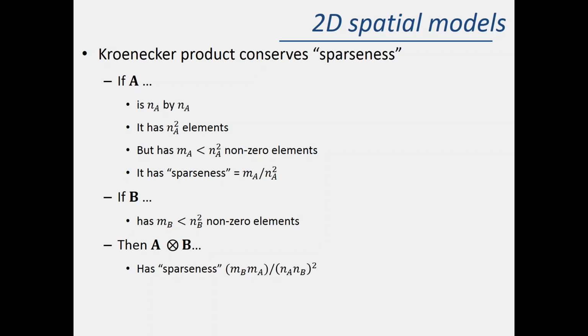So if you've got one matrix that has only 10% of cells that are non-zero, and another matrix that only has 10% of cells that are non-zero, then their Kronecker product will only have 1% of cells that are non-zero. So it scales attractively, where the relative benefit of using sparse matrices gets greater the more dimensions you're working in.